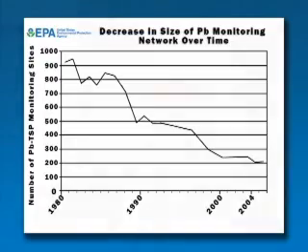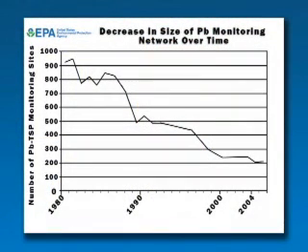Because of that, at the time, the lead network was very extensive, and in fact was somewhere between 800 and 900 monitors. As we've gotten the lead emissions out of gasoline and the ambient levels have dropped, it was natural for EPA to work with the states to encourage that the lead network itself decreased down to something like 200 monitors now, or even less today. But this was a planned reduction.